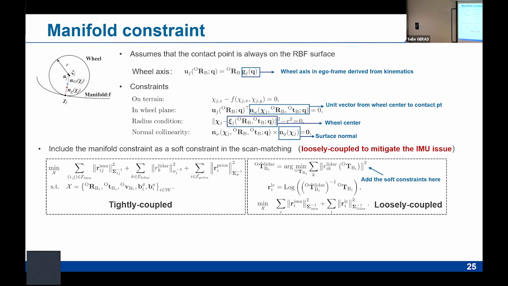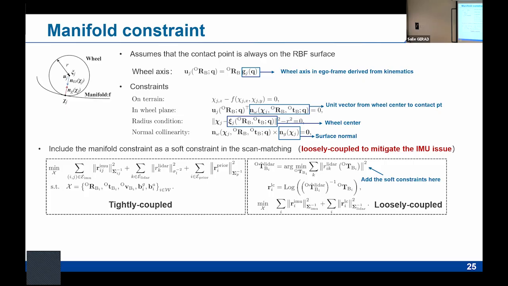So you can construct a bunch of constraints, namely on-terrain, in-wheel-plane radius condition, and normal collinearity. And then you mix it up and add that in the objective of the scan matching.